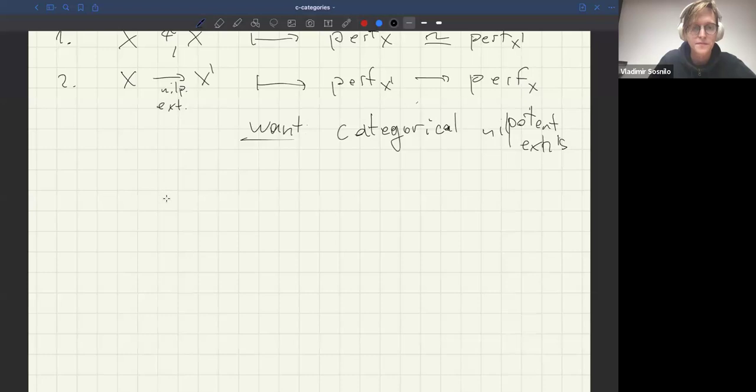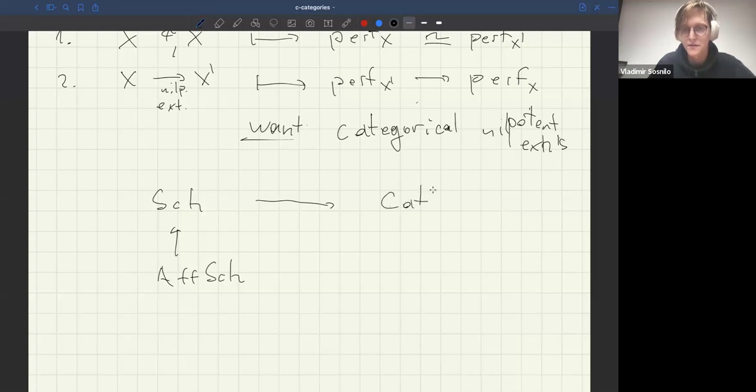So if you start from schemes, inside here you have affine schemes. Here you have this functor that gives you a stable infinity category. But the idea is, if you start from an affine scheme, the stable infinity category needs some extra structure, which is exactly the weight structure, exactly a bounded weight structure. So Cat st bounded weighted.